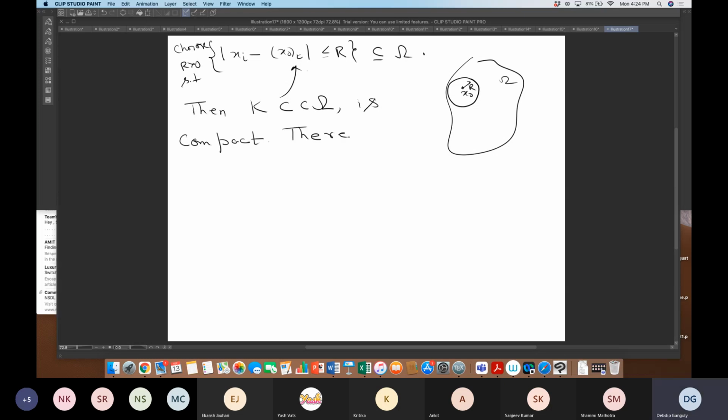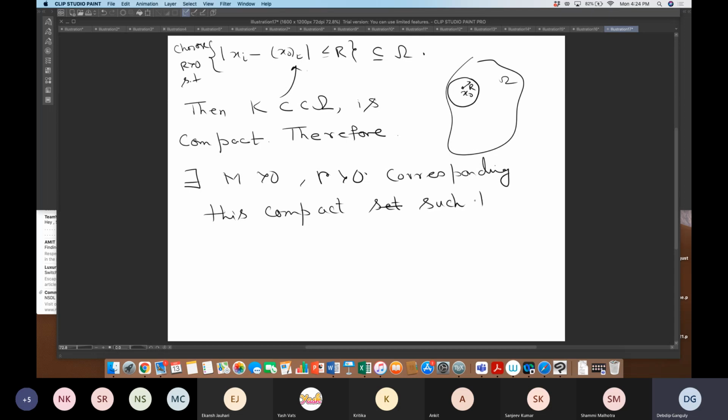Therefore there exists M positive, R positive corresponding to this compact set such that the hypothesis holds: |d alpha f of x| is less than or equal to alpha factorial times M times R to the power mod alpha.